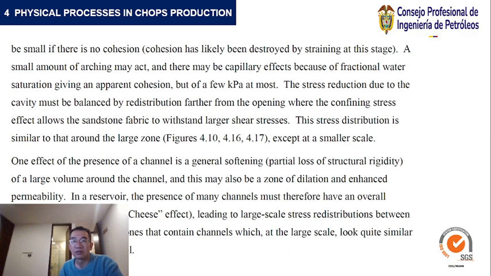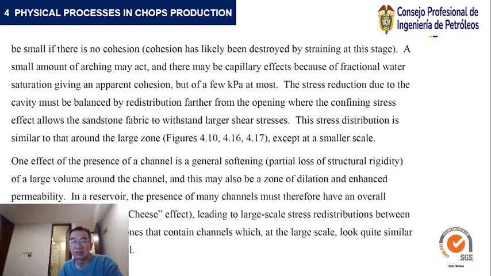The stress reduction due to the cavity must be balanced by redistribution further from the opening, where the confining stress allows the sandstone fabric to withstand larger shear stresses.